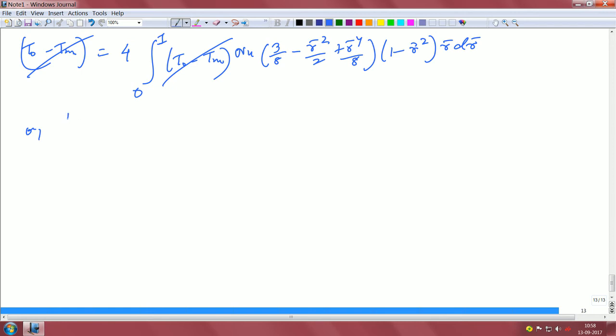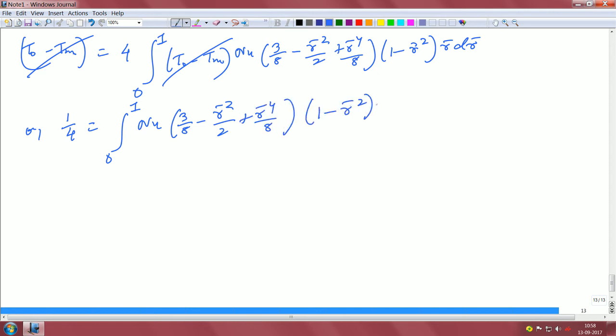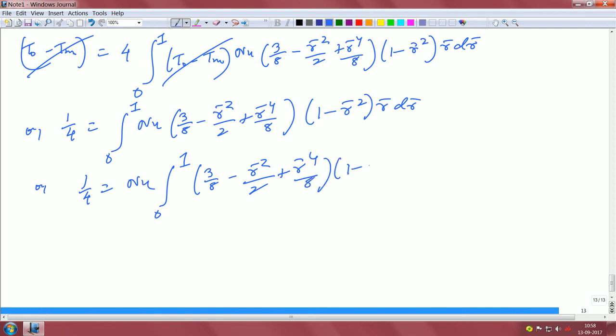So what you are going to get is 1/4 equals the integral from 0 to 1 of Nusselt number times 3 by 8 minus r square by 2 plus r to the power of 4 by 8 into 1 minus r bar square, r bar dr bar. Or you take the Nusselt number out because it is a constant by definition. So the rest of the integration becomes easy. It is basically an integration with respect to r.